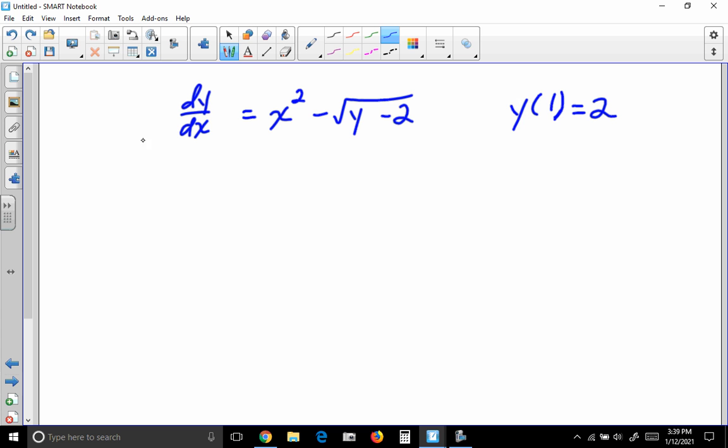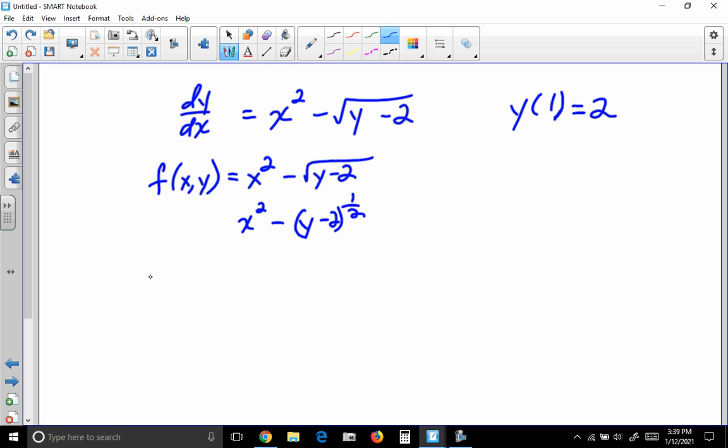Now let's look at this one. Our dy dx is already isolated, so f is what's on the right. And if we wanted to take the partial of that, let's change our notation and call that y minus 2 to the 1/2.